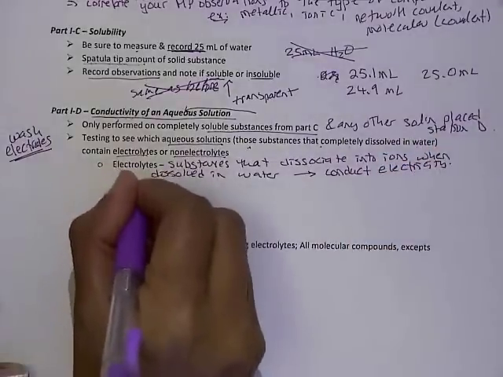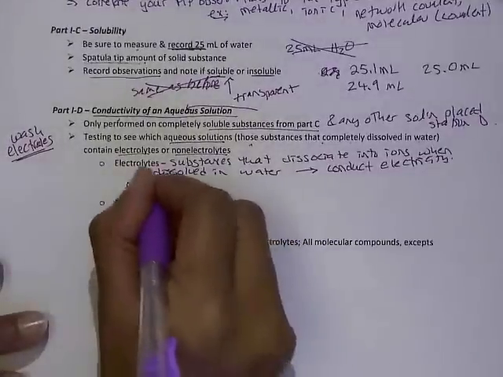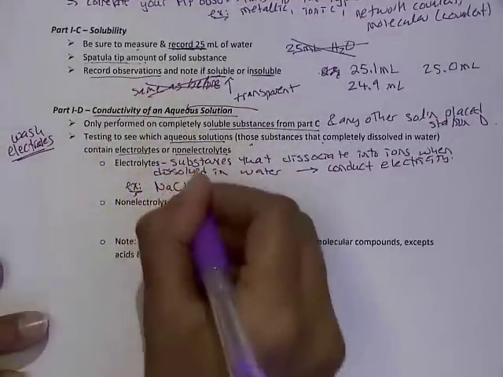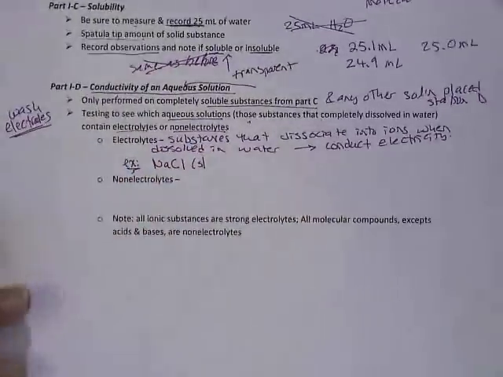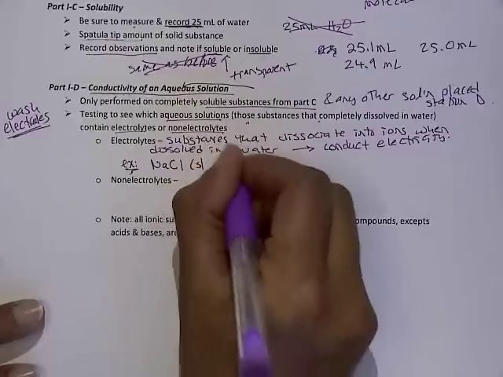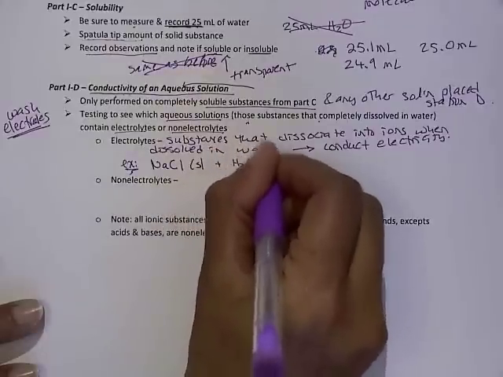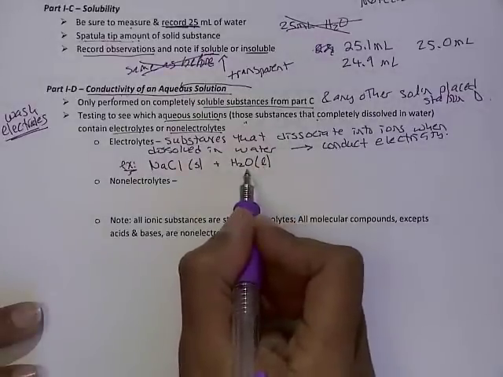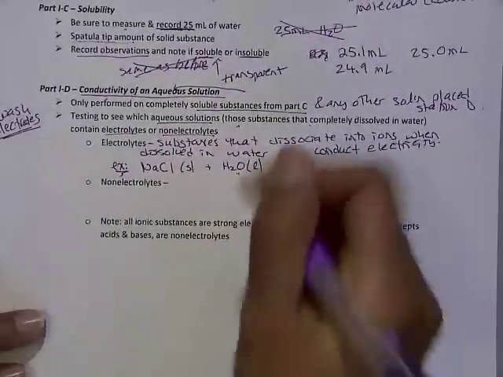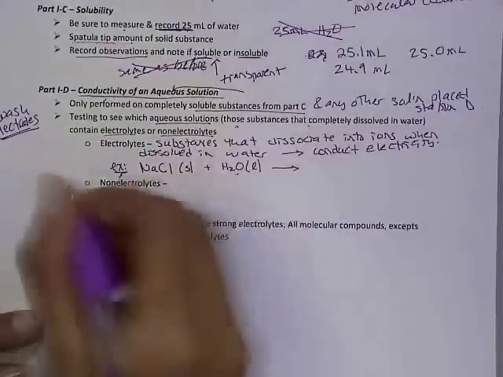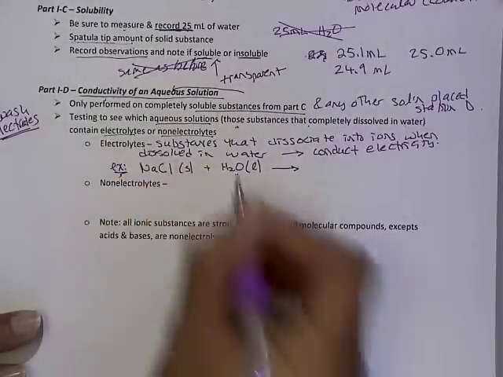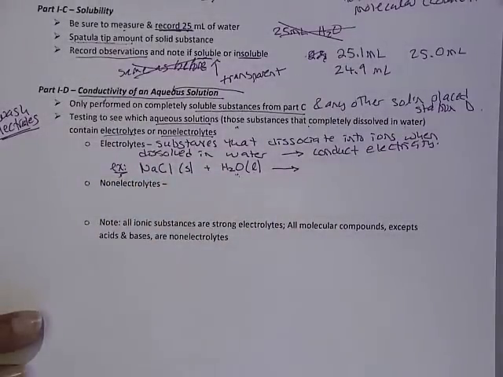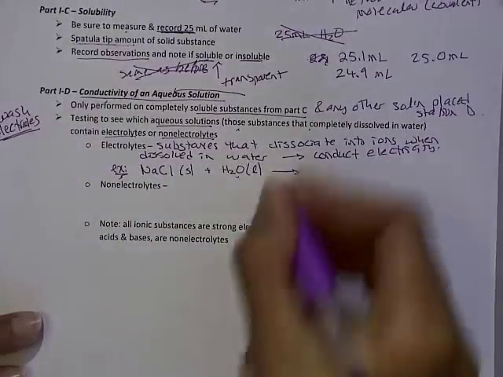So an example of this in writing a chemical formula, we have sodium chloride, salt, so literally salt from your kitchen, sodium chloride. We're going to add it to liquid water. Remember, substances are only in liquid phase if they're completely pure, and we know water is just water. This sodium chloride completely dissolves in water, and we know this because it's a completely clear, transparent solution.